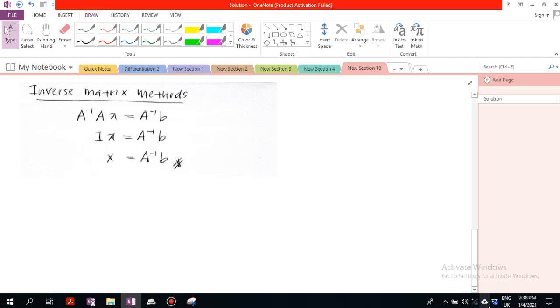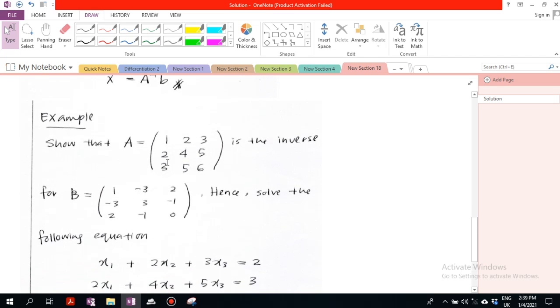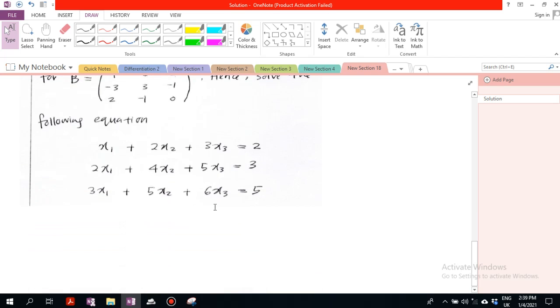The inverse matrix: A inverse times A is equal to identity, so X is equal to A inverse times B. For example, show that A is the inverse of B of this matrix. Then solve the following equation.